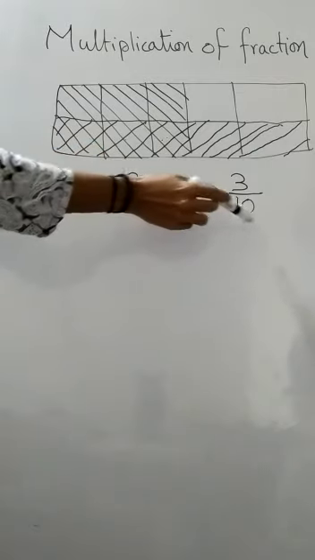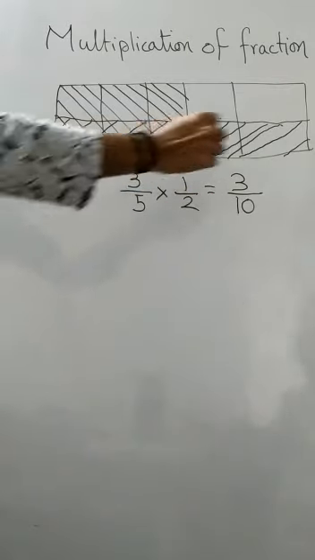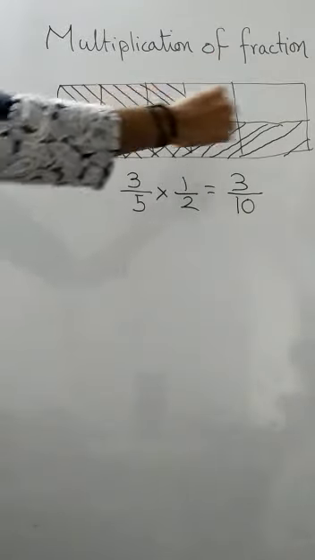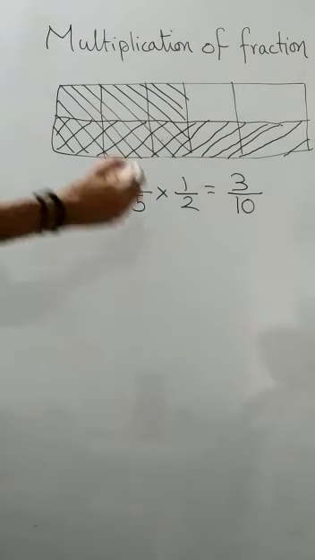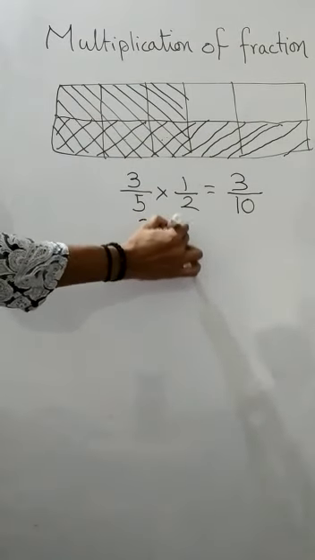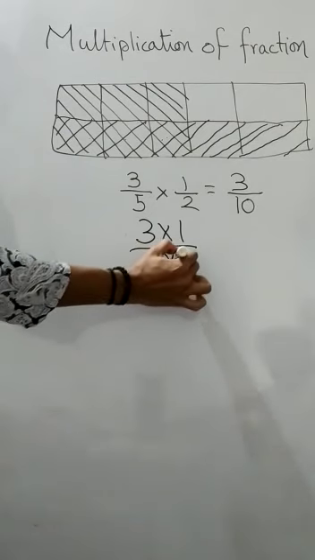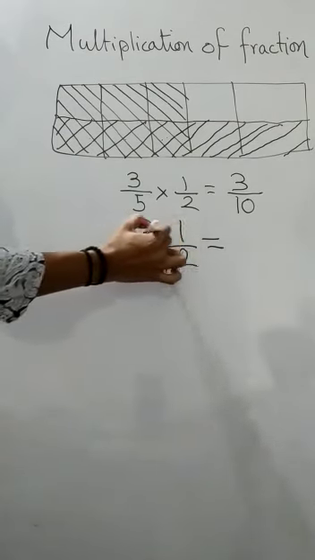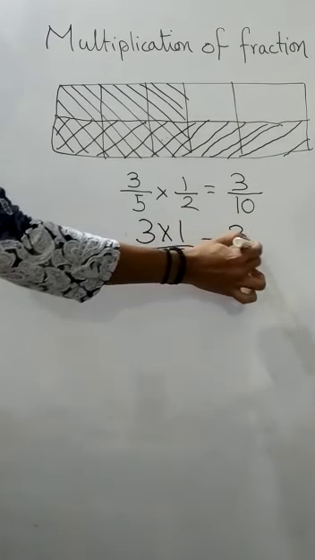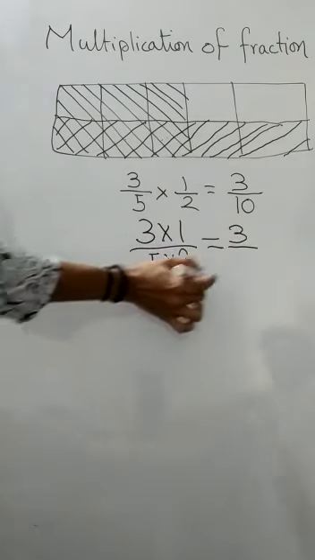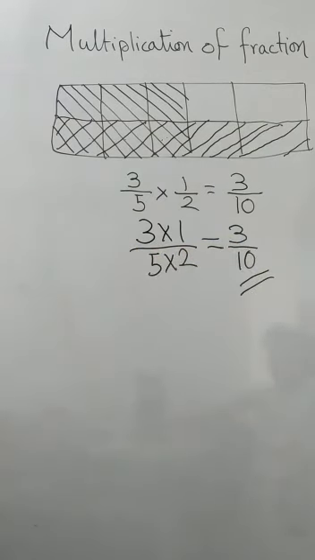Okay. So this is how you do multiplication. In a diagram way we have shown it like this. So when you multiply 2 fractions, you multiply the numerators and multiply the denominators. So this will be the final answer. Okay.